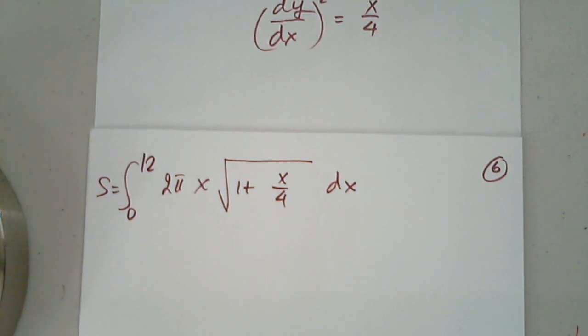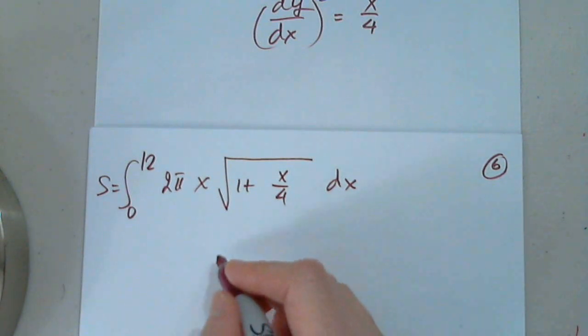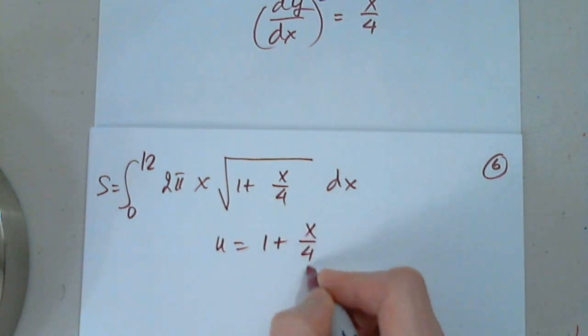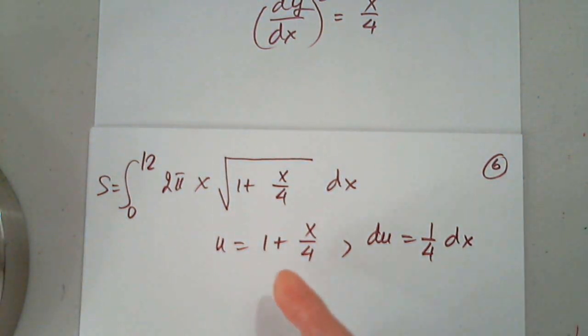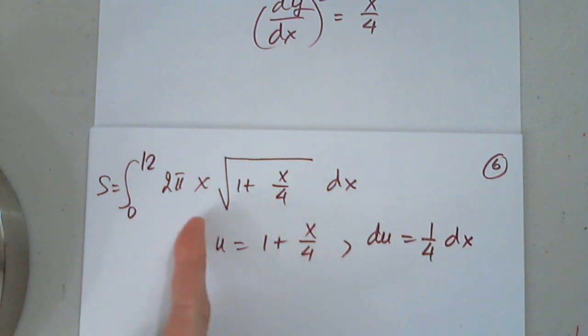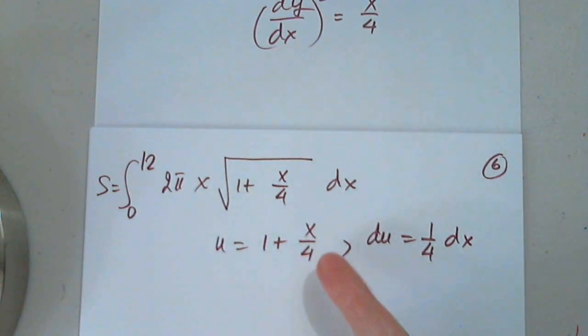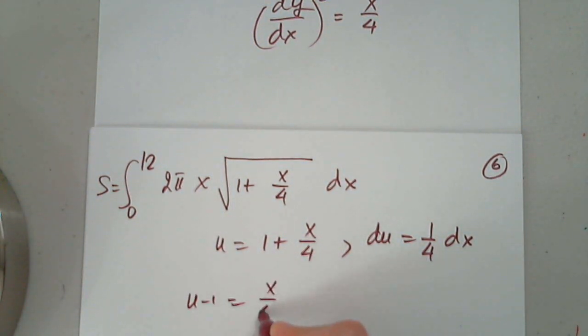In order to solve this, I will use a substitution. I prefer u equals 1 plus x over 4. du equals 1/4 dx. I also need to solve for x, so I can replace it in terms of u. So u minus 1 equals x over 4, or x equals 4(u minus 1).